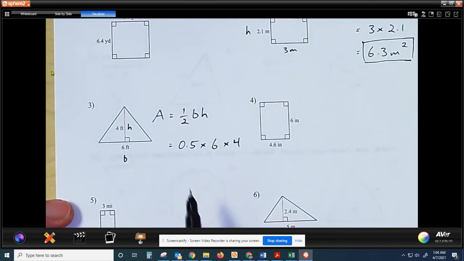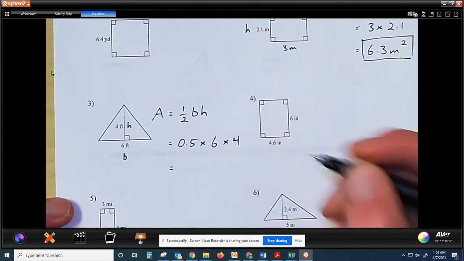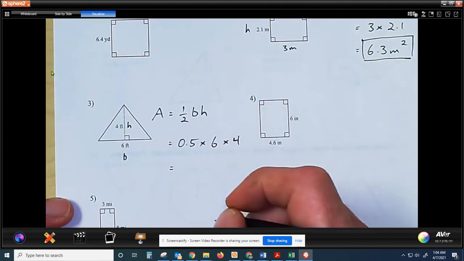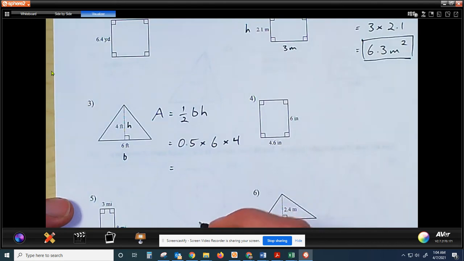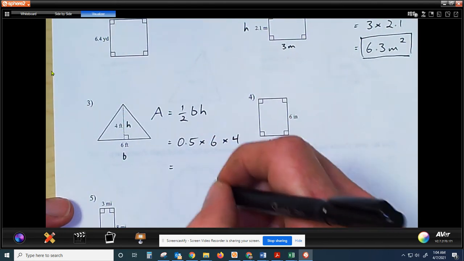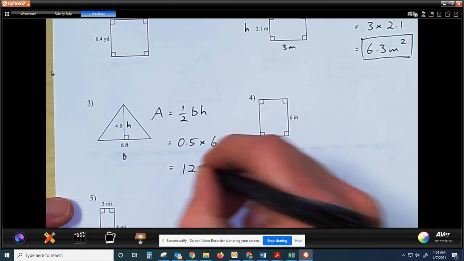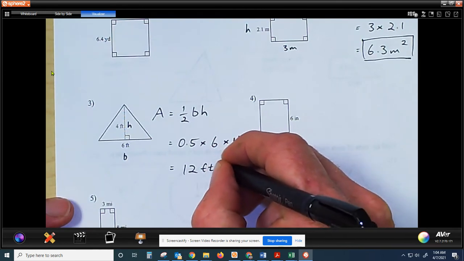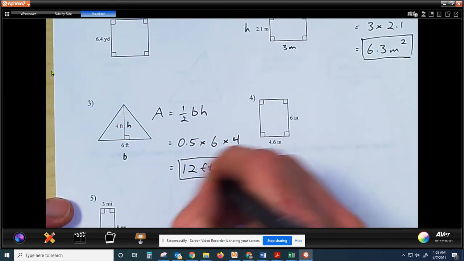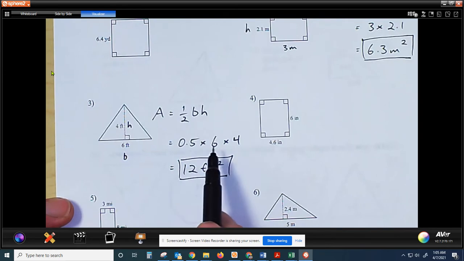Cool. If I try it in my head, 6 times 4 is 24. And if I multiply that times 0.5, I take half of it. So without the calculator this time, trying to get smarter as I go, or in my case, just kind of hold where I am in intelligence, 12 feet square. 1/2 times base times height.